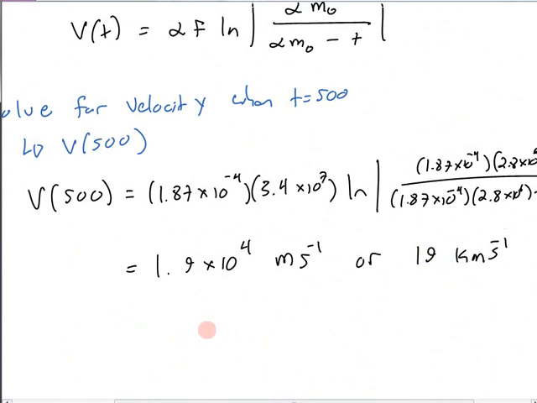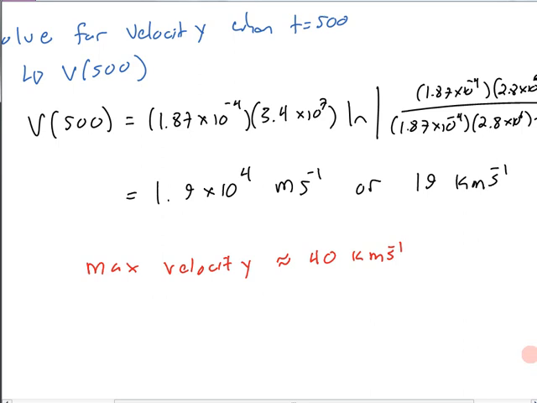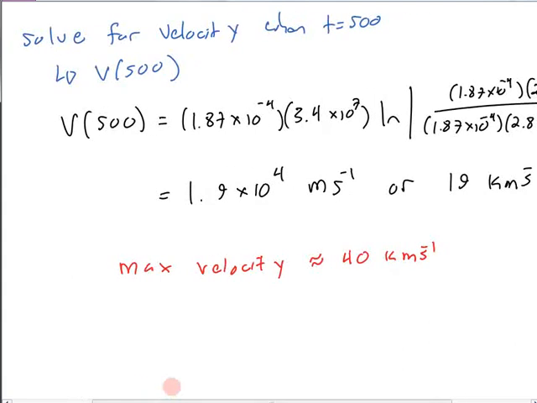Now, interestingly, I looked it up, and it turns out that the actual max velocity of the Saturn V rocket is about 40 kilometers per second. So we were off by a fair amount here. But we can probably attribute it to not taking into account the different stages and the different thrusts from the different stages, as well as the loss of additional mass when the rocket sheds its extra stages. Hopefully that'll account for that difference.